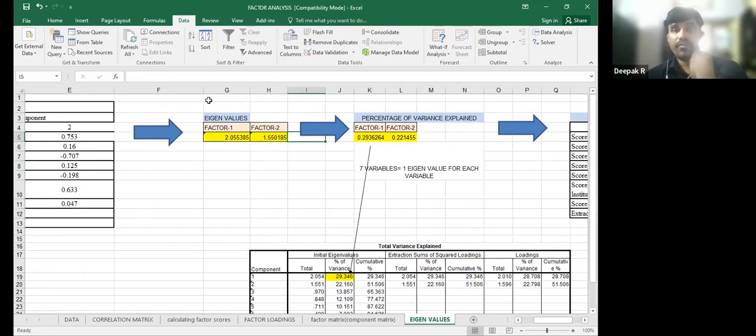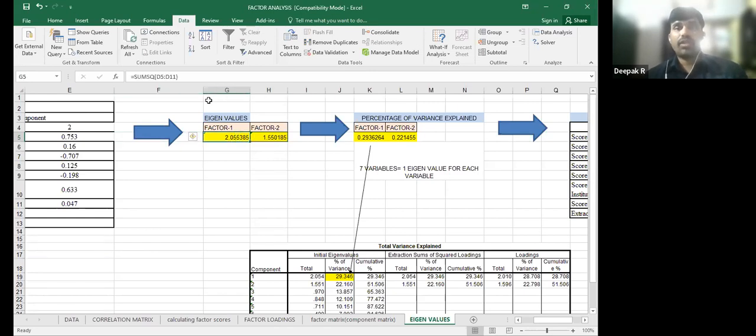Now, once we have the eigenvalue, what I need to know is what percentage of the variation has been explained, because why I'm going for factor analysis is I want to reduce the number of variables, but by doing so, I want to ensure that I capture the majority of the variation. I would never like to compromise on that.